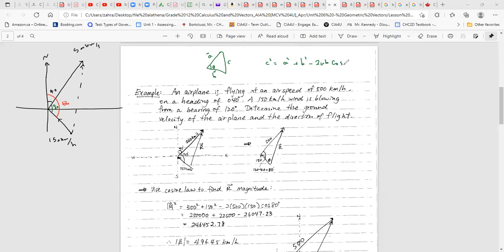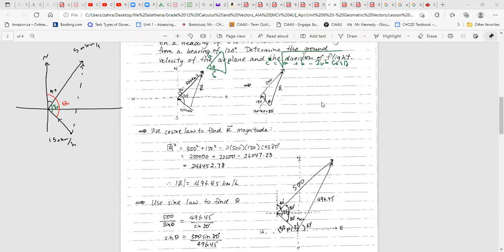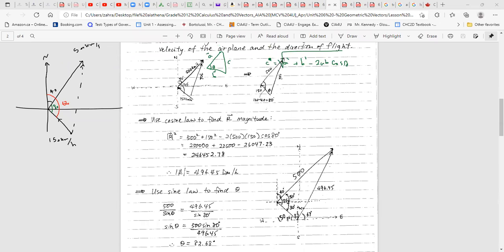This is the cosine law. We use that. We have A, which is 500. We have B, 150. And theta is 80 degrees. Then to find C, I have to take the square root of that. We do that and we get the total vector.